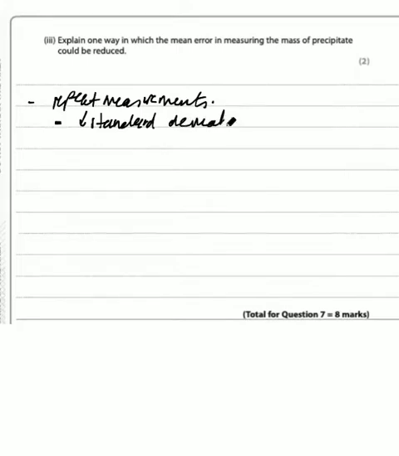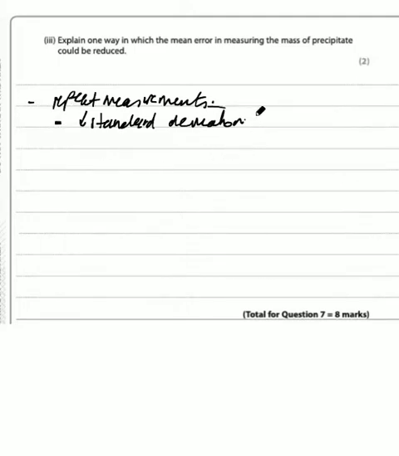Now, you would have come across standard deviation if you studied A-level psychology. You would also come across standard deviation after doing the field projects, where you would come across different types of statistical tests and this type of wording.